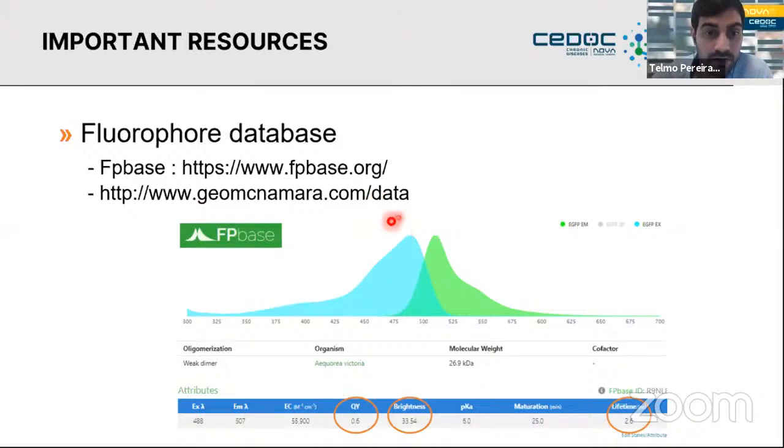And the type of information you can see here, besides the fluorescent spectra and many more things, are 3 things that I already talked about. So the quantum yield of this protein. So this is the enhanced GFP, okay? So you can see already the brightness of it, and also you can see the lifetime of it.